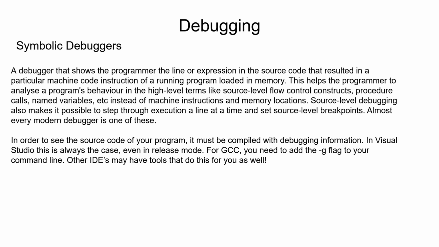Even in release mode, you still have the debugging symbols compiled in. On GCC, you need to add the -g flag to your command line. Many IDEs will have tools that will do this for you. So if you're using something like Code Blocks or Eclipse, that probably has a plugin or built-in functionality to hook into the debugger for you.